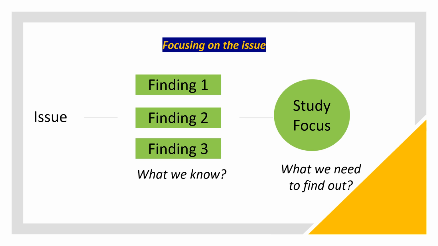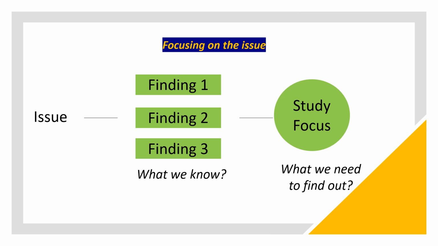So these are the things now that we already know based on the previous studies. So these are the things that we know because these are the findings from previous studies. Then from these findings, you can write the things that you still need to find out, and this will be your study focus. So this is now the research gap.